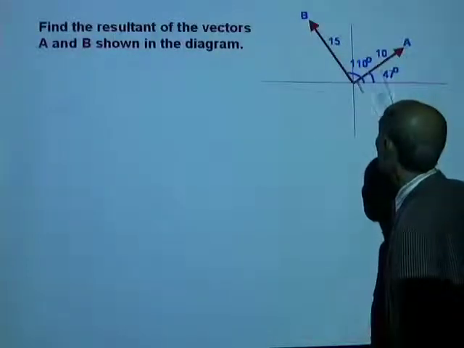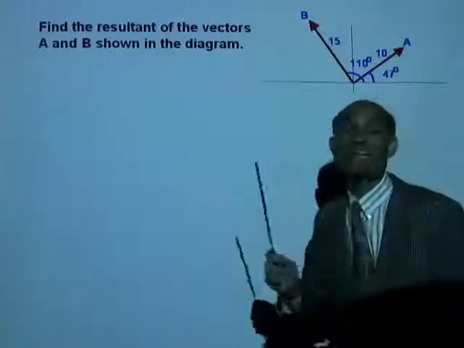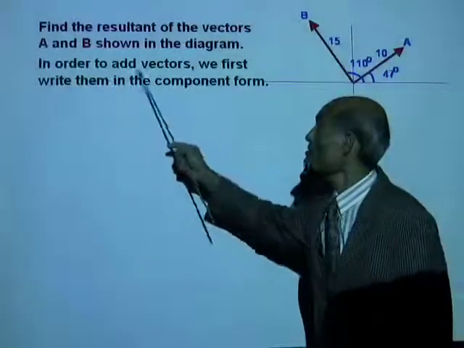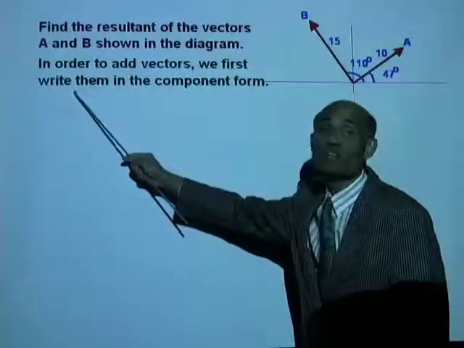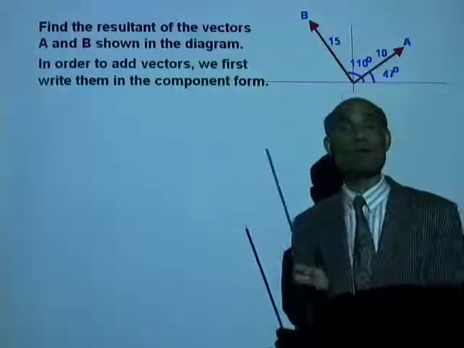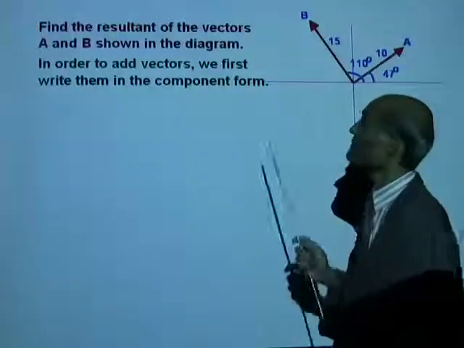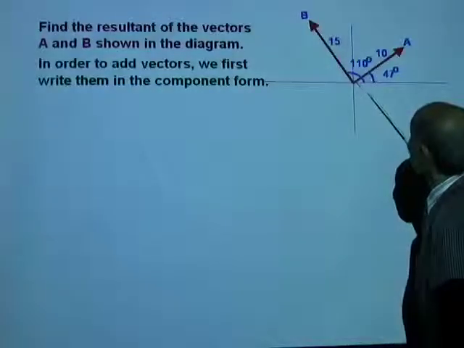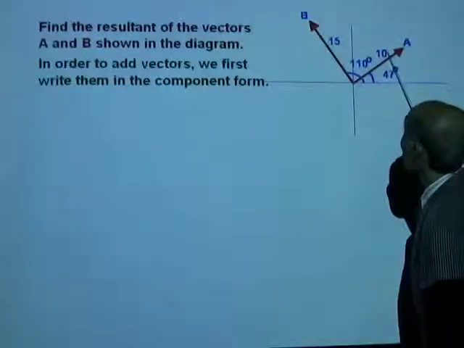Alright, can you write vector A in the component form? In order to add vectors, we first write each of these vectors in the component form. And how do we write vector A in the component form? Well, vector A has a magnitude 10.